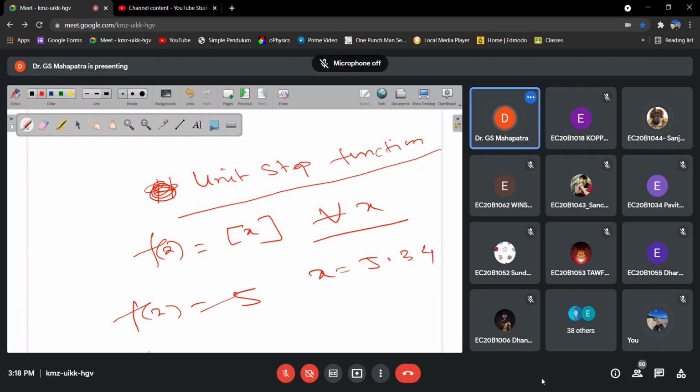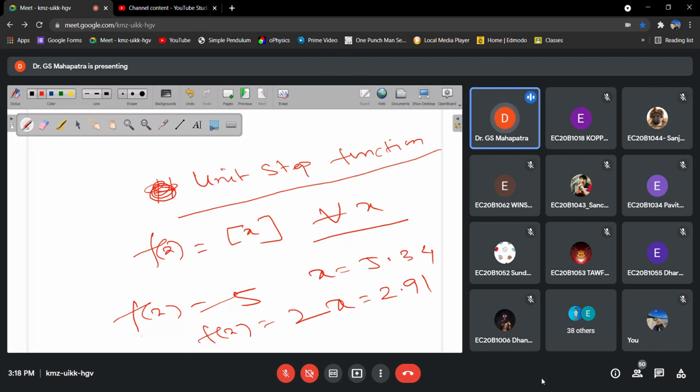So if it is x equals to 2.91, what is the f of x? 2, sir. So that is confusing. But what is your answer, bhai? Tell me once again. Answer is 2, sir. Okay.